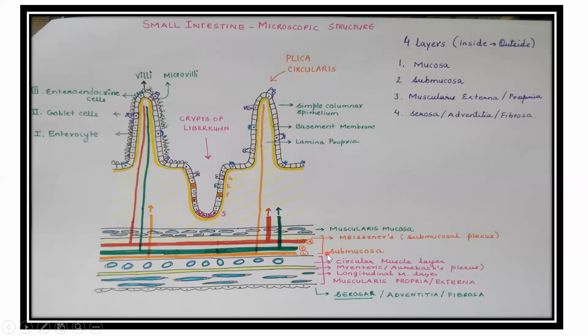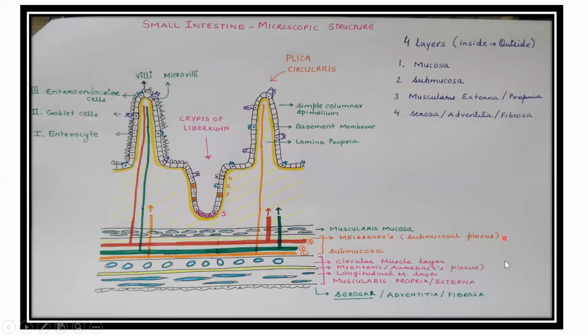All right. Following this, we have the muscle proper layer, muscularis propria. It is made up of an inner layer of circular muscle fibers and an outer layer of longitudinal muscle fibers. Between these two layers, we have another nerve plexus, a very important one that is known as the myenteric or the Auerbach plexus.